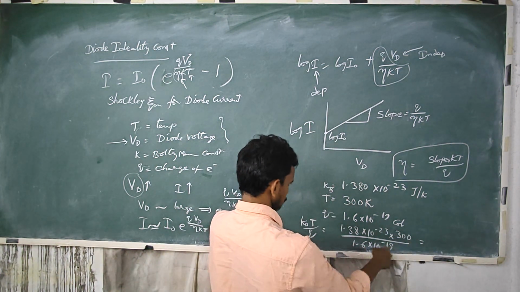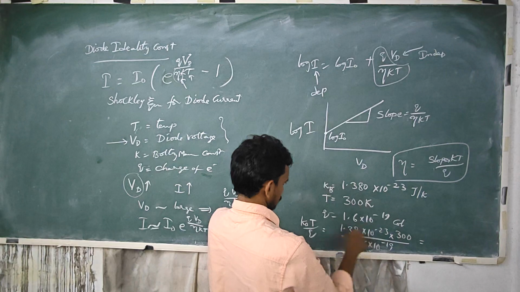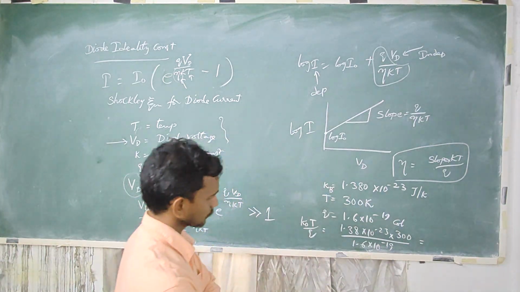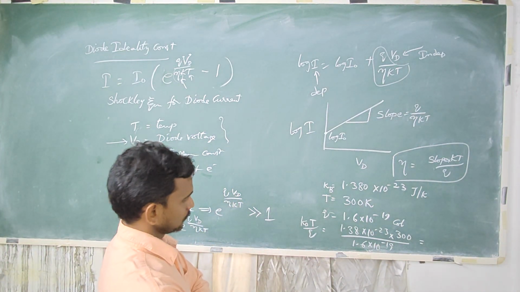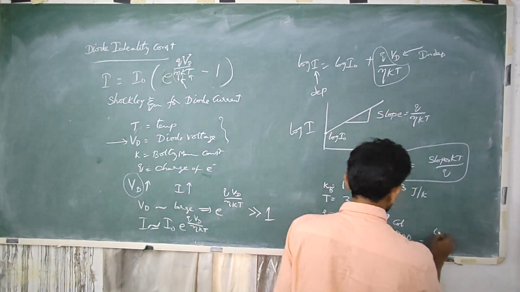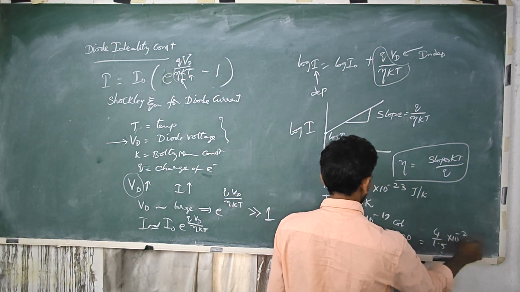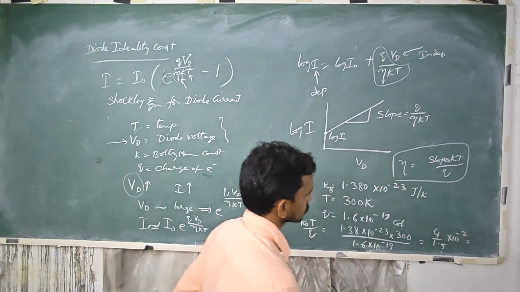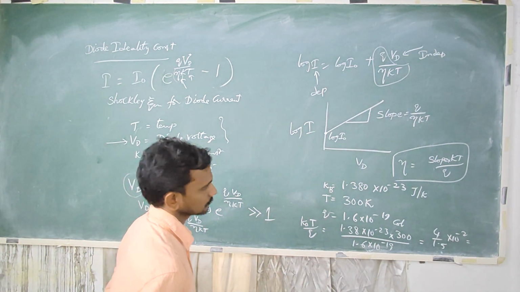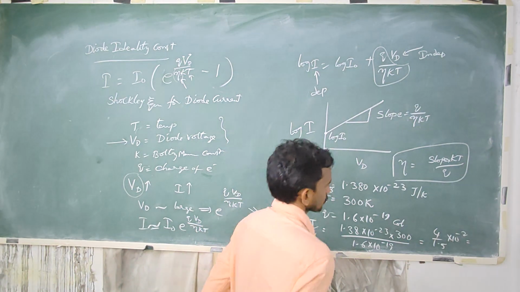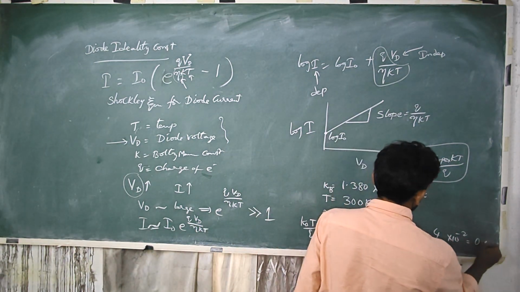This is minus 21 minus 19, minus 2, 4 by, so 0.02.